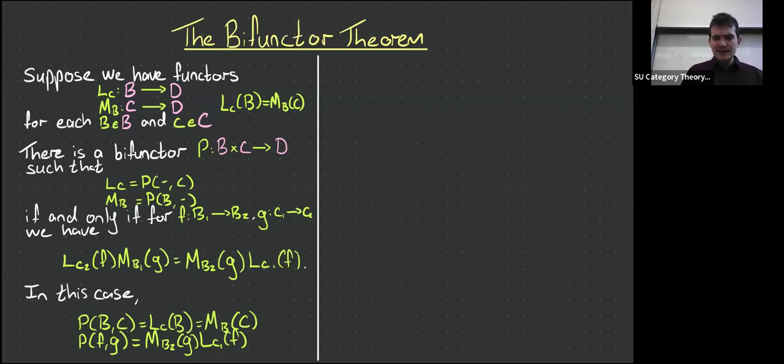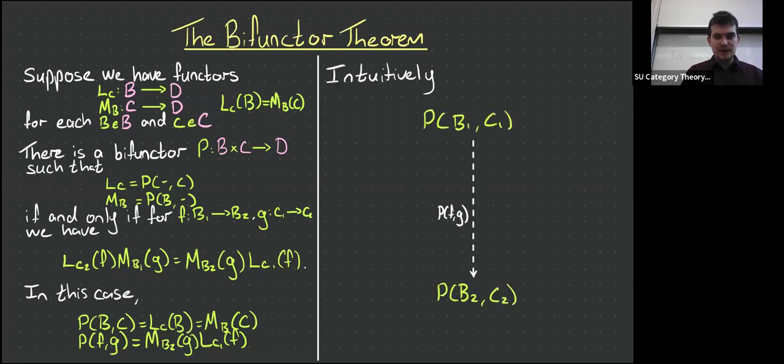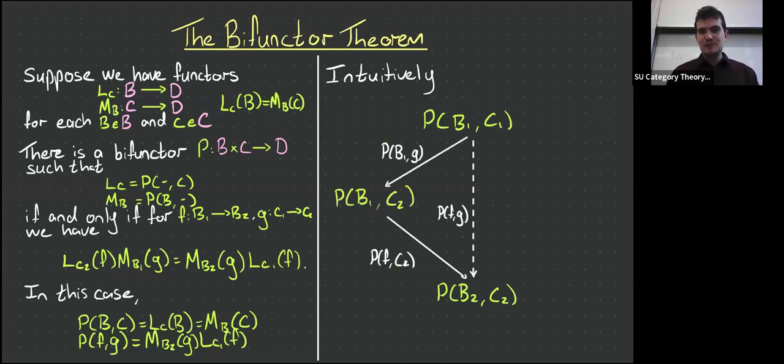So where does that equation come from? The idea is that we want to define P of F, G, which is going to go from P of B1, C1 to P of B2, C2. And remember, all we have to begin with are the L family and the M family. So there are two approaches we can take. One is to begin by fixing the left-hand object and applying G in the right-hand component, and then swapping and fixing the object in the right-hand component and applying F in the left.